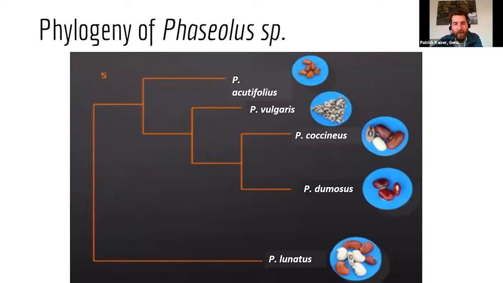For example, our runner beans and the pole beans, vulgaris and coccineus, are closer than, for example, the Lima beans, Phaseolus lunatus. That is of course interesting if you look at the biological background of these varieties and how much they can mingle with each other, or which type of crossings might occur, seeing how far they are related.